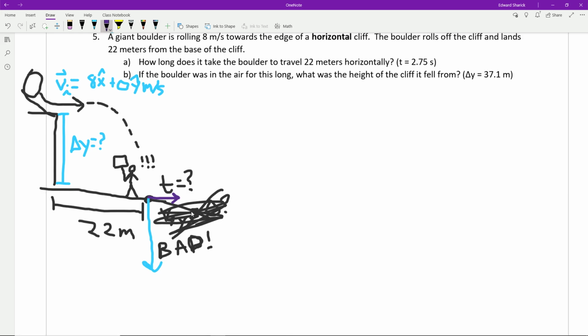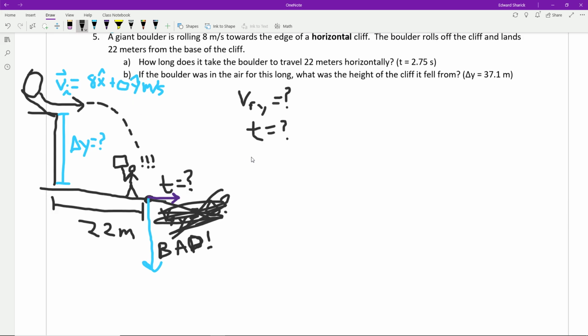What we actually have to do in this case is look at the x direction first, because I know that I'm kind of getting stuck in the y direction. I don't know v final y. I don't know time.